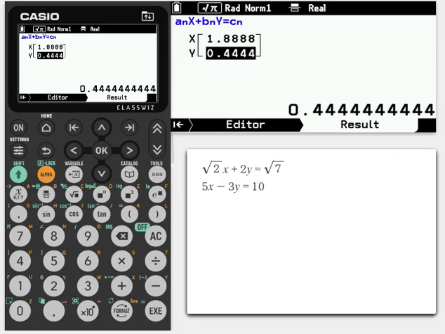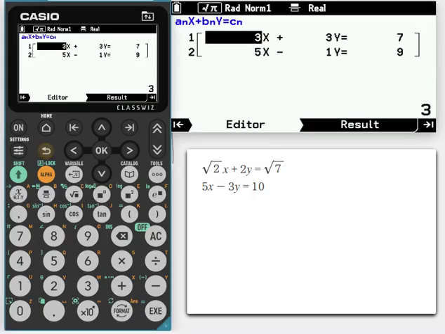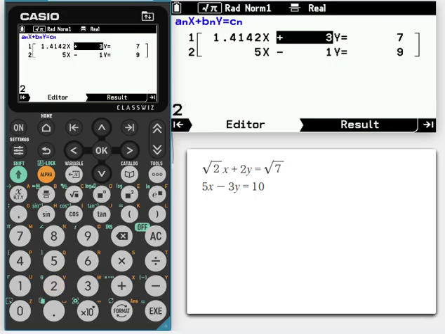Now sometimes you end up with equations that have coefficients that are not exact numbers. In this case, you don't need to calculate the value of √2, for example, and enter it. Let's go back. In this case, we can simply enter √2 for the coefficient of x, and it calculates the value. 2 for the coefficient of y, and √7 for the constant, and √7 is obtained by this button.